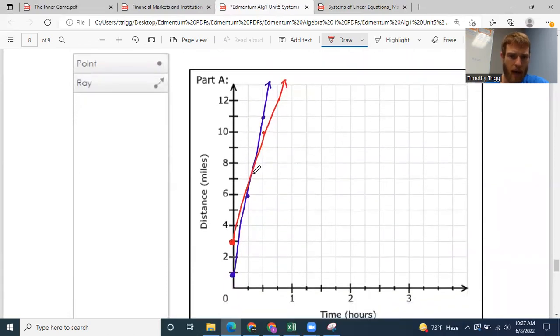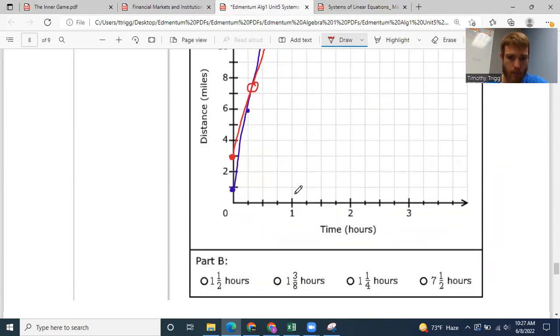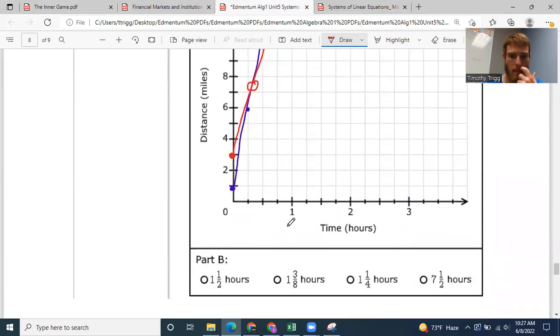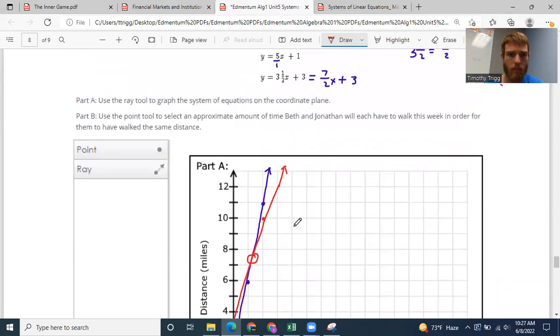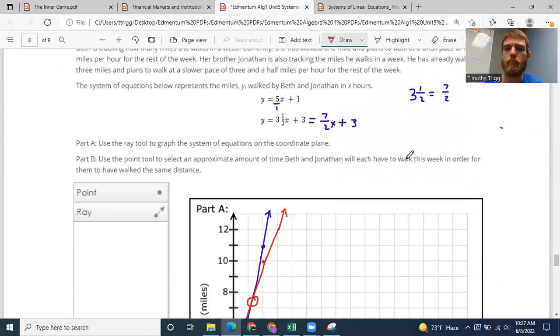And we can see about where these two lines cross, somewhere around here, which is, let's see. Use the point tool to select the approximate amount of time Beth and Jonathan will each. I think I messed up. Yeah, I messed up. Okay, that's all right.